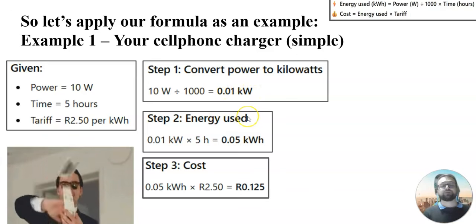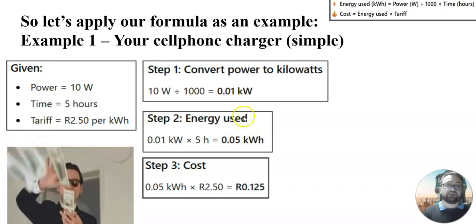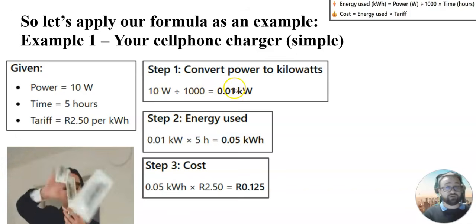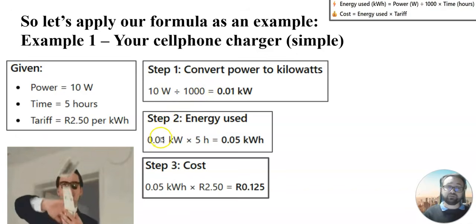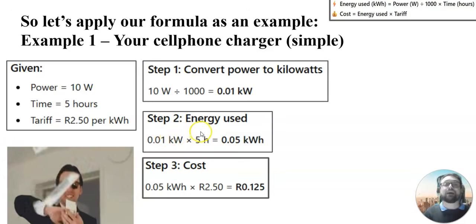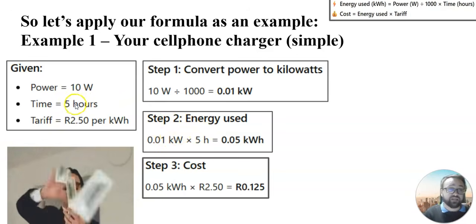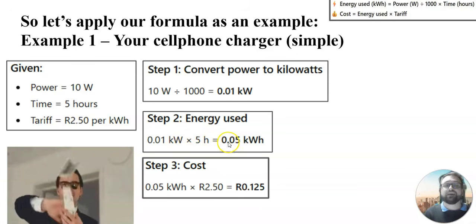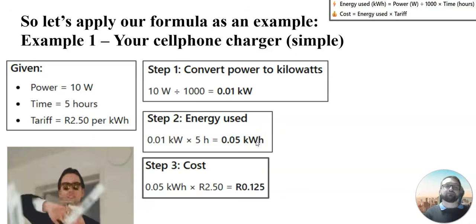Step 2, we're going to look at our energy used. We take our step 1, 0.01 kilowatt, times our hours. How many hours? 5 hours. That is going to give us 0.05 kilowatt hours.